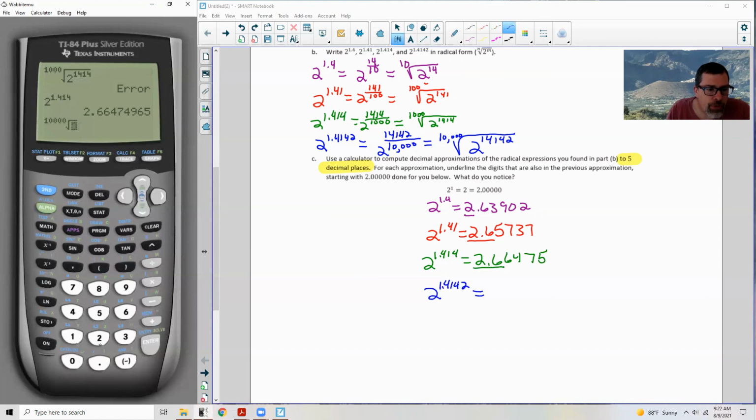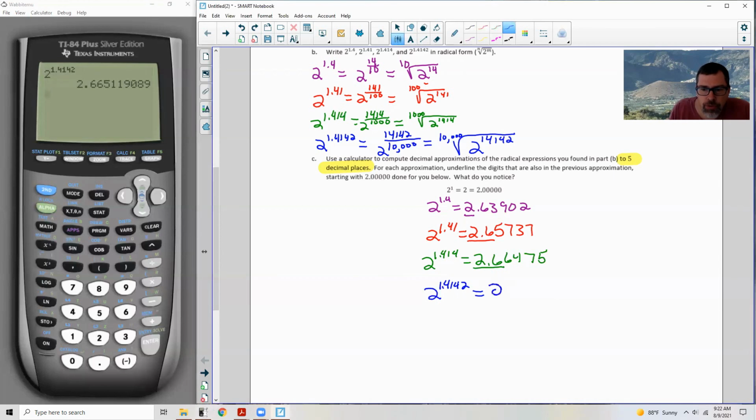So the 10,000th root of 2 to the power of 14142. Enter. Error overflow. Okay, so if I clear that and put 2 to the power of 1.4142, it calculates it. Interesting.